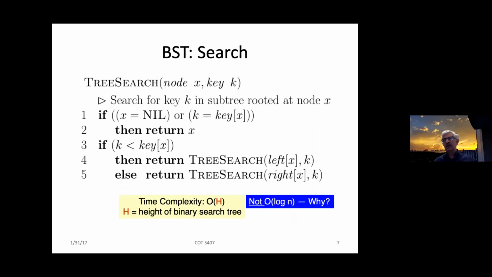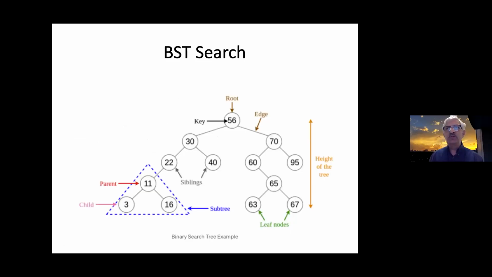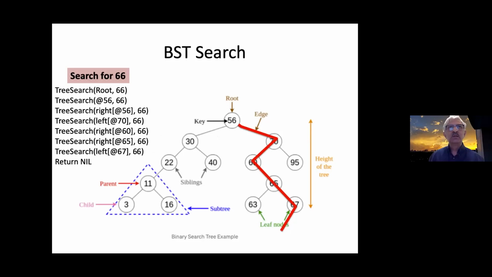If, on the other hand, the returned pointer is a real node in the tree, then we'll assume that the search was successful. And what you see here in this example is that in every step we go one node lower in the tree.